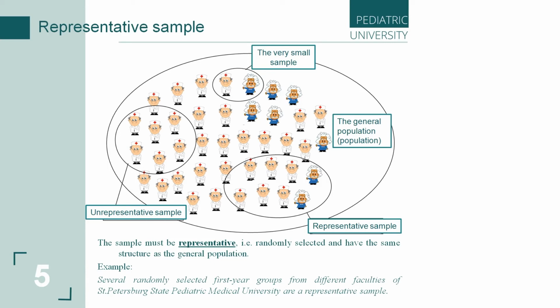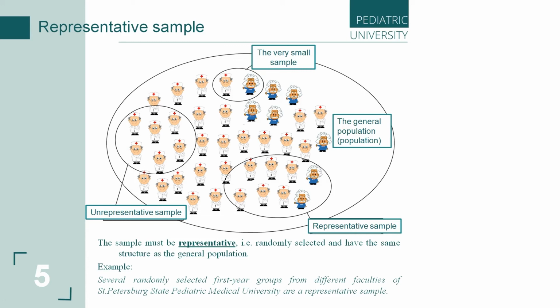And again, let's look at the figure, yeah? This figure shows the treatment majors and dentists, all students. If we take a small fraction of dentists, it will be a very small sample, and it will not allow us to generalize to the whole general population. It will be an unrepresentative sample.